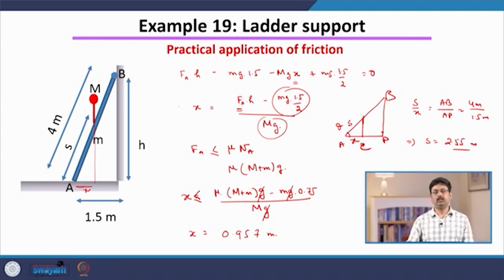Now, the important point is that this is the maximum distance the painter can climb. After that, if he or she climbs higher, then the ladder will start to slip. But this is an experimental demonstration that the painter's position can be anything from the floor up to this distance.